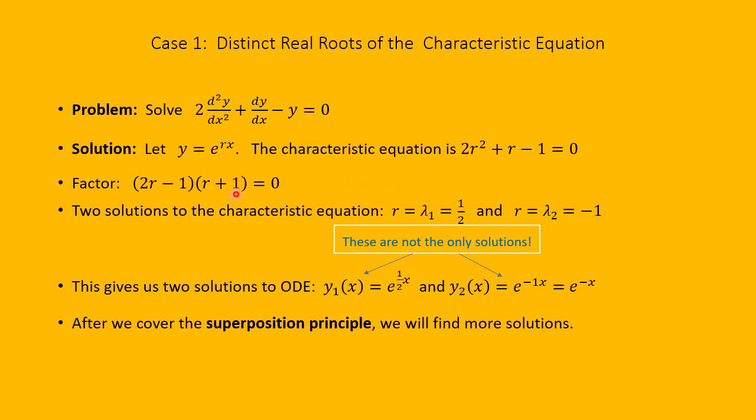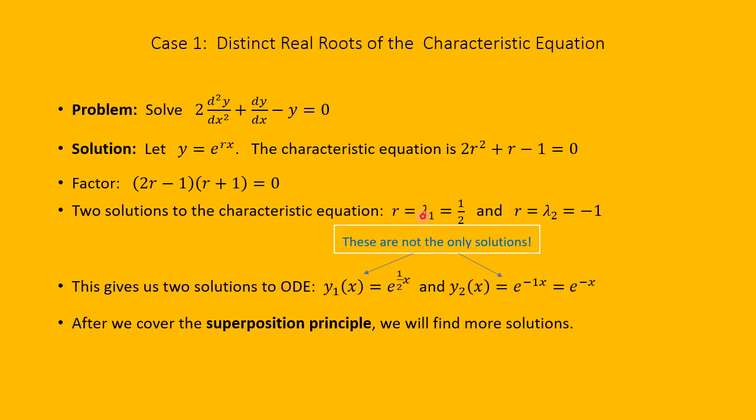If we set r plus 1 equal to 0, then r in that case will be minus 1. So we have two solutions to that characteristic equation: r equals 1/2 and r equals minus 1. We'll call those lambda 1 and lambda 2 for convenience. So we get two solutions.